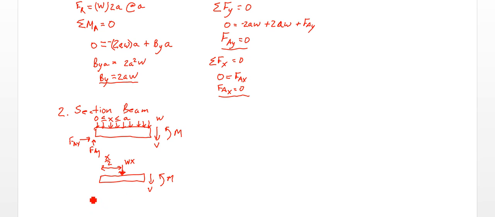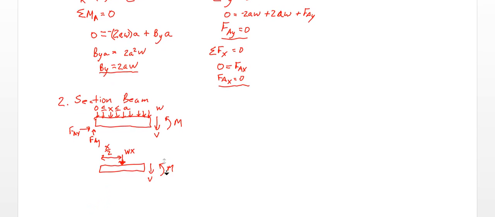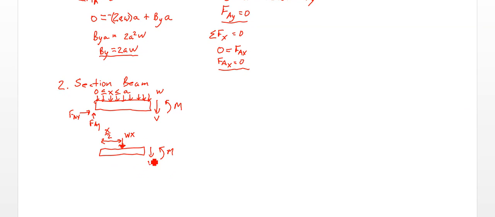so we can do our equations of equilibrium here. And this might be where I made a mistake in steering us wrong. So if I take my moments about this point over here at x equals 0, the sum of my moments at x equals 0 is going to be a negative moment here, right? So it's going to be creating clockwise rotation about this point.